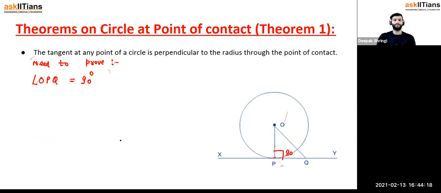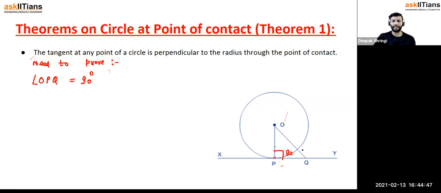Let's say you are sitting right now and there is a wall in front of you, and you want to find the minimum distance of that wall from you. You could come diagonally, going zigzag, but if you go in a straight line perpendicular to the wall, that is going to be your minimum distance. Even from a line, if you want to find the distance, we are talking about the minimum distance, and that is going to be the perpendicular distance.